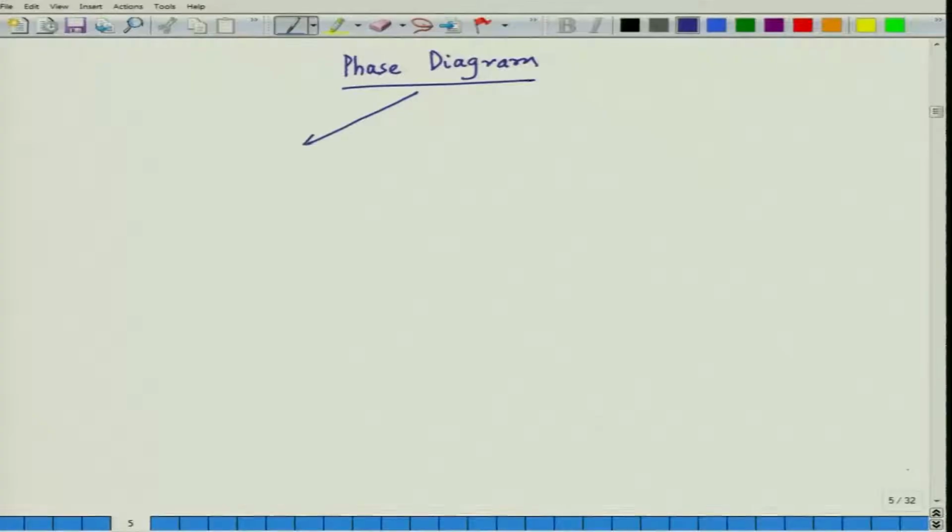And in the last lecture, as we have mentioned, there are two ways one can find out phase diagram. One is the experimental route, and another one is the thermodynamics route.